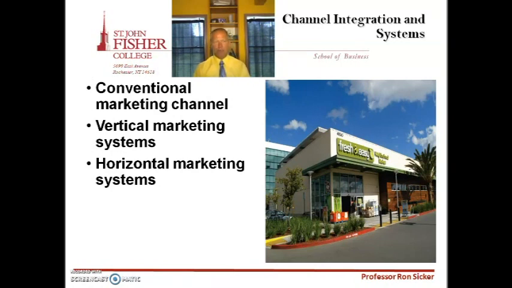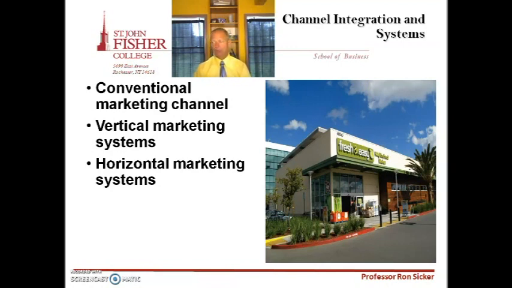Horizontal marketing systems is where two companies that do different things but are related come together to make it better. The best example I can think of for that is Verizon stores selling Apple phones. Verizon is a service provider. Apple is a hardware provider. However, those two are horizontal, yet they come together and they make it better for everybody else from a distribution standpoint.